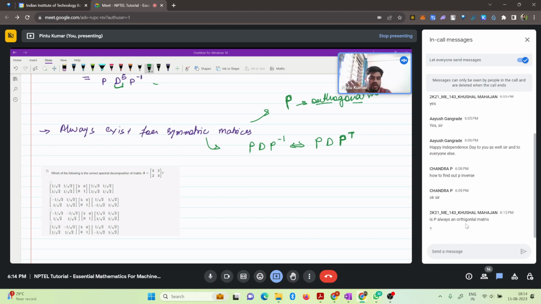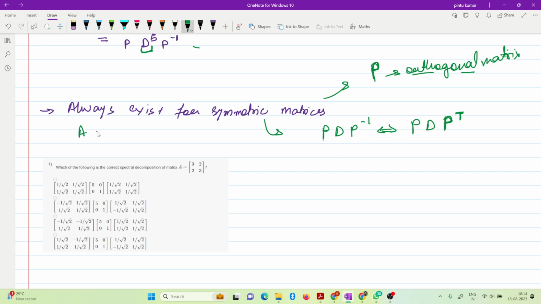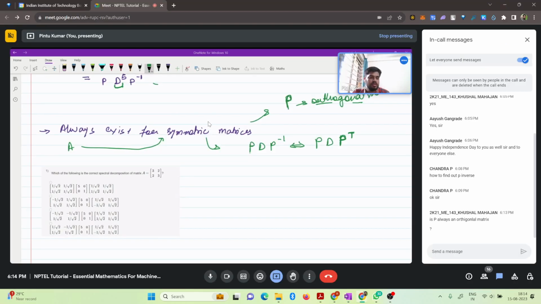So in case of a symmetric matrix, if your A matrix is given to be a symmetric matrix, then the P matrix that you will form will be an orthogonal matrix.